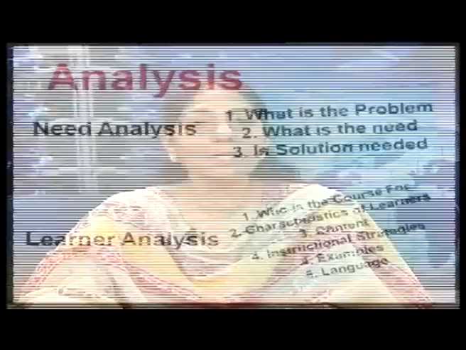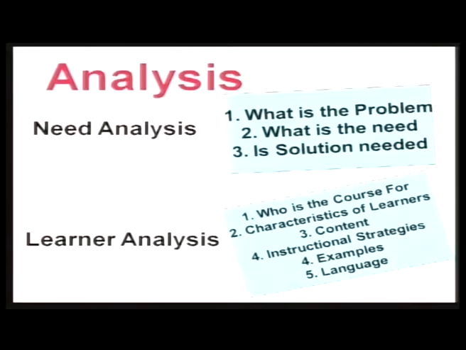The next point under the learner analysis is what your instructional strategies will be. That is what you have to analyze. For younger children, your instructional strategies will be different than for adult learners. So that's very important in what you analyze under the learners.